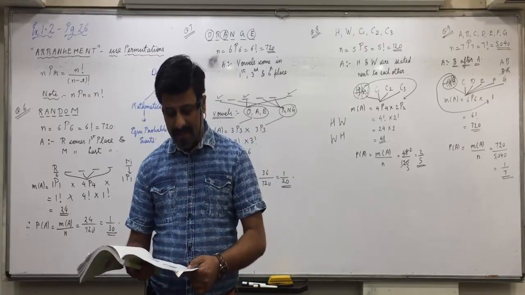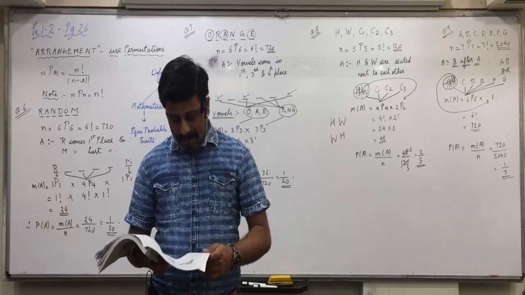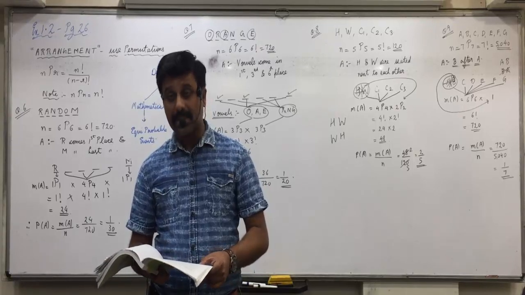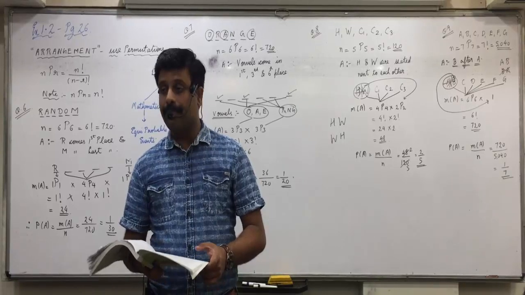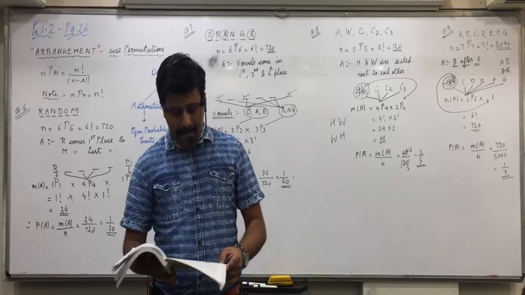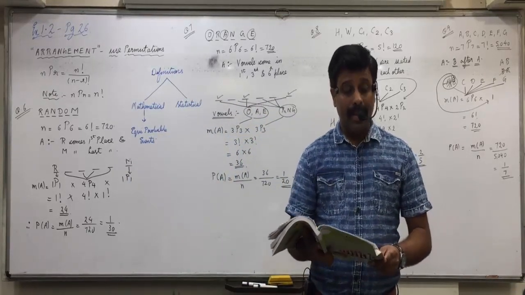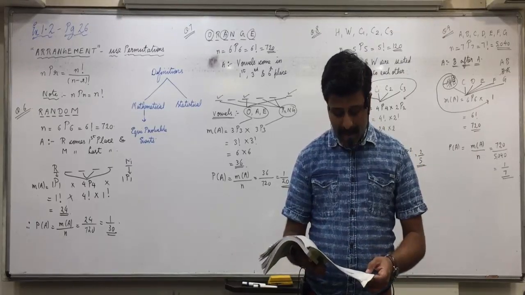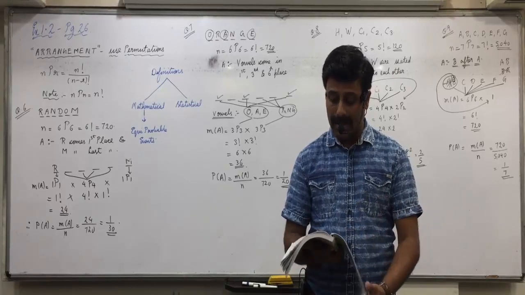And at the bottom you will find the mathematical definition of probability. Suppose that there are n outcomes in the finite sample space of a random experiment, and those outcomes are mutually exclusive, exhaustive and equiprobable. If m outcomes among them are favorable for an event A, then the probability of event A is m upon n. So this is the mathematical definition, m upon n.